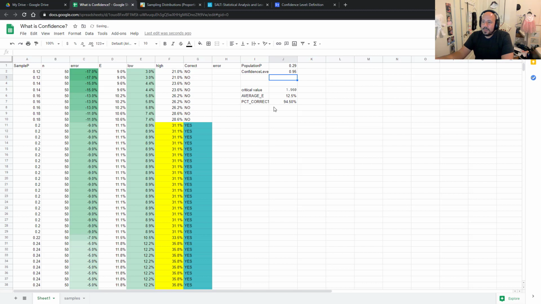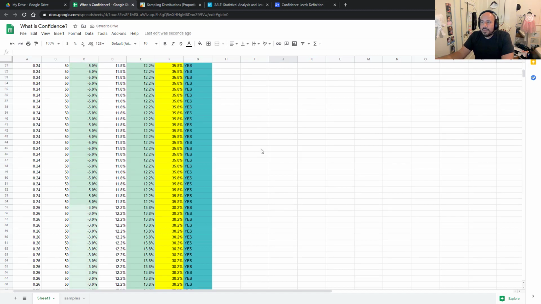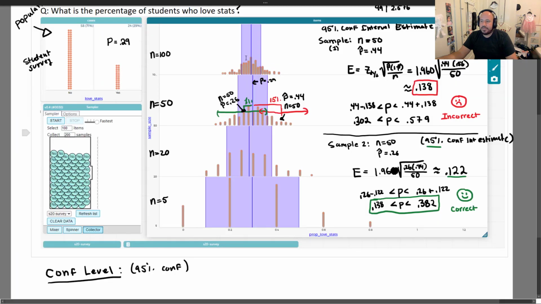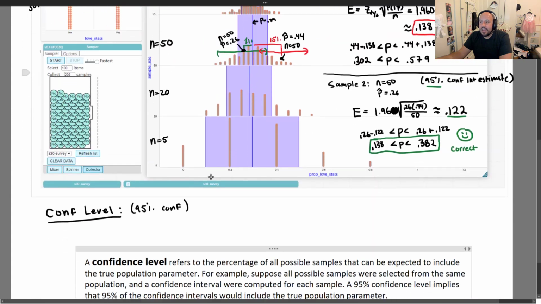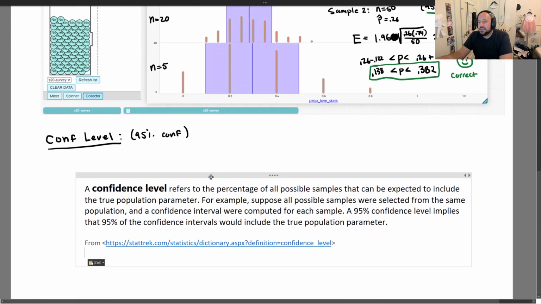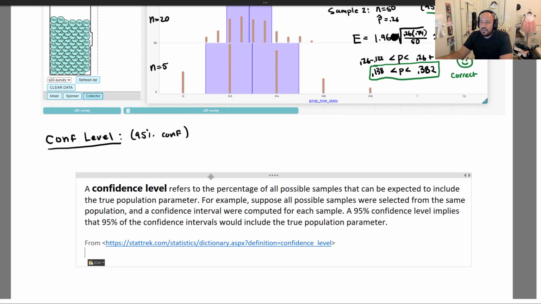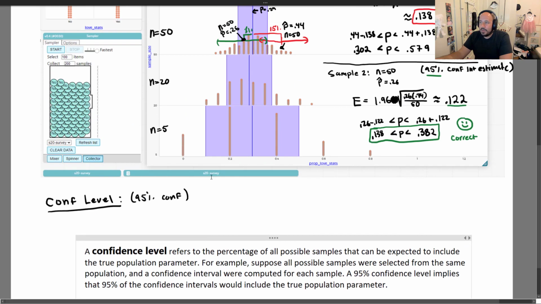So once again, this is just an elaborate way of demonstrating this particular definition for confidence level. A confidence level refers to the percentage of all possible samples that can be expected to include the true population parameter. So when we have 95% confidence, well, guess what? We expect that 95% of the samples I get are ultimately going to create correct confidence intervals, and only 5% are going to be wrong.